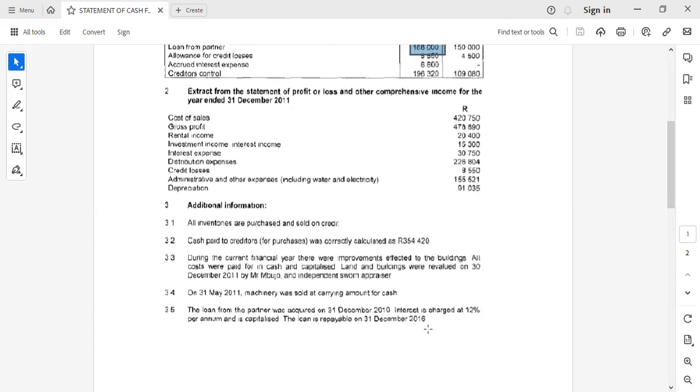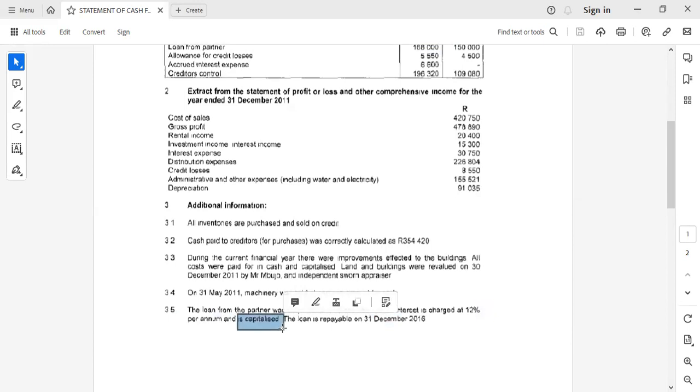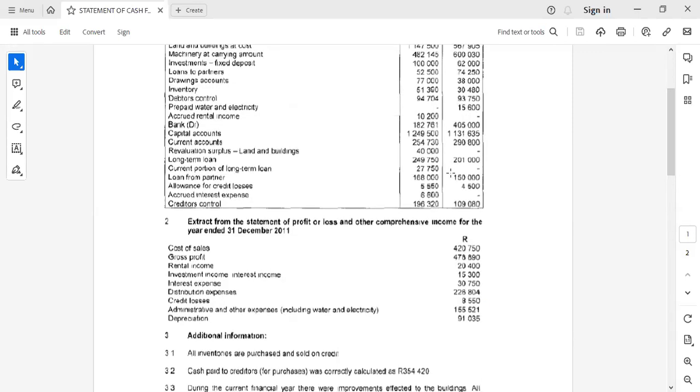If you check here, on number 3.5, we're told that the loan from partner was acquired on 31 December 2010. Interest is charged at 12% per annum and is capitalized. When they say interest is capitalized, that means interest is added to the loan. Then 12% multiplied by 150 gives 18.